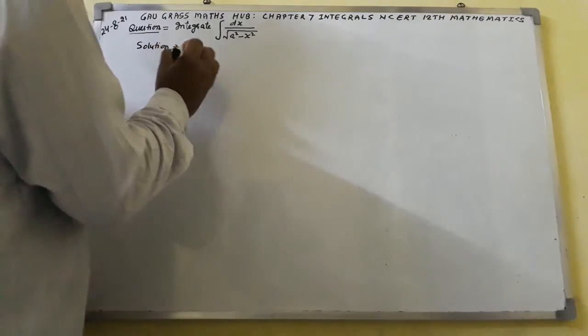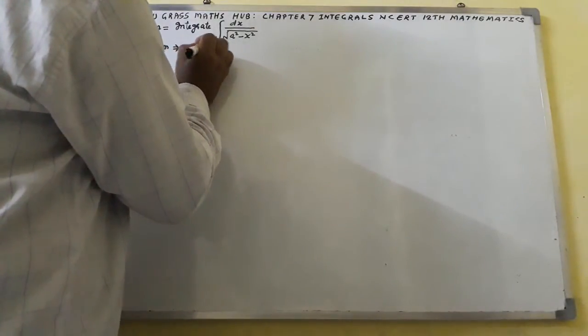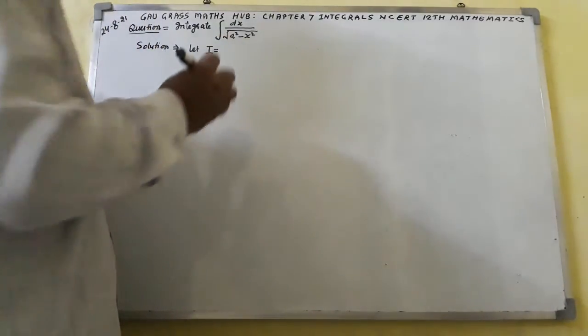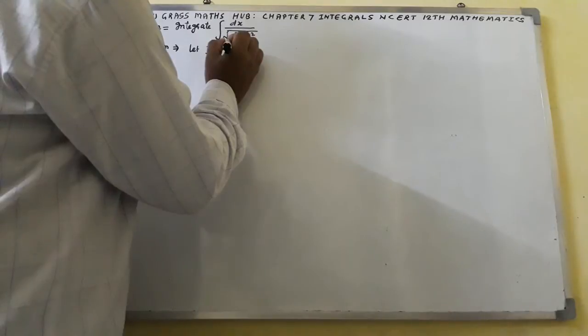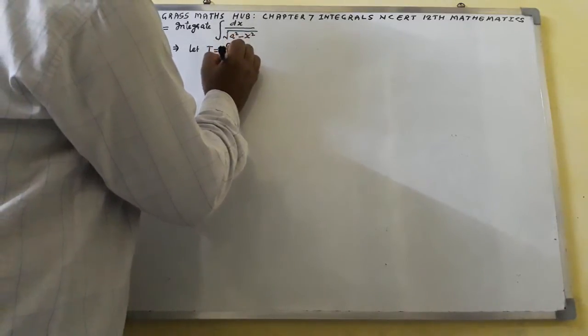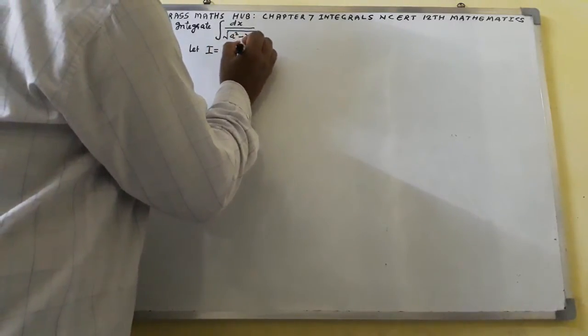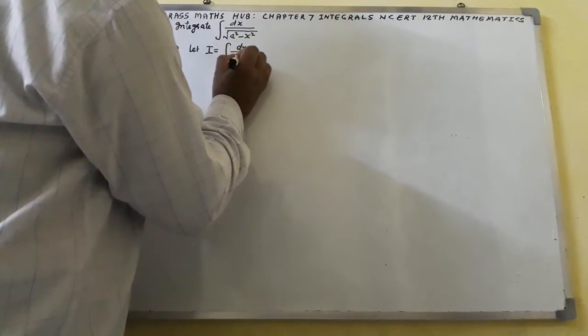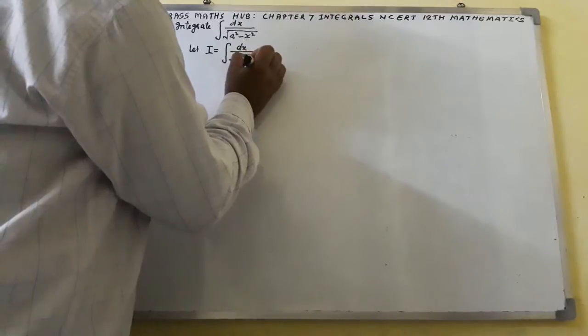Solution: let I, capital I, equal to integral dx over under root a square minus x square.